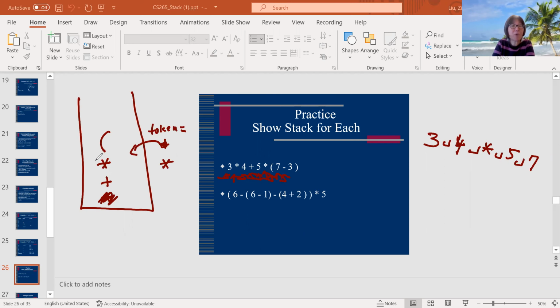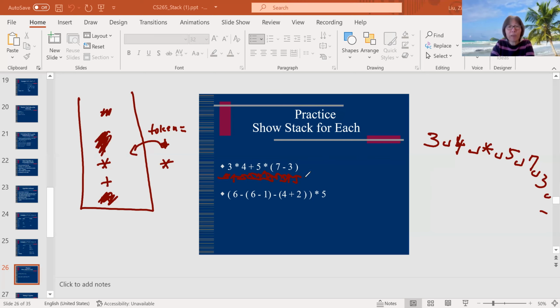Next one is subtraction. So you compare with the top of the stack. It's a left parenthesis, so you just push it to the stack. Next one is a number. We add it to postfix. Next, right parenthesis, you need to pop the operator out and add it to postfix and continue popping until you reach the left parenthesis, you pop it out.